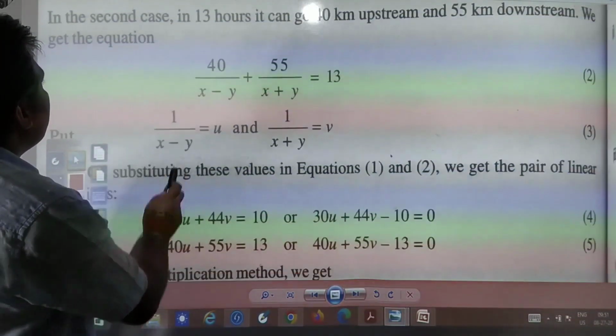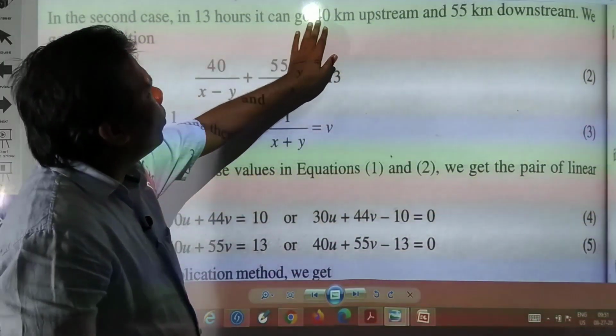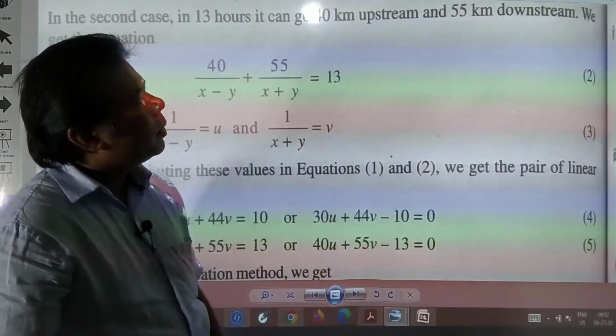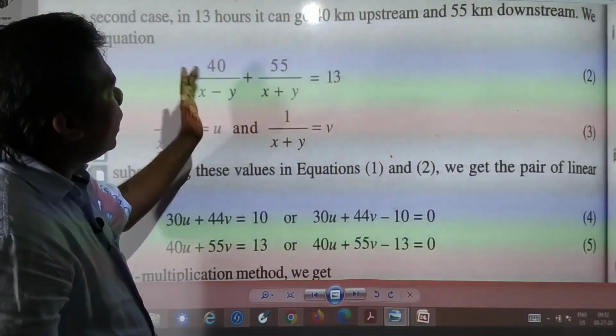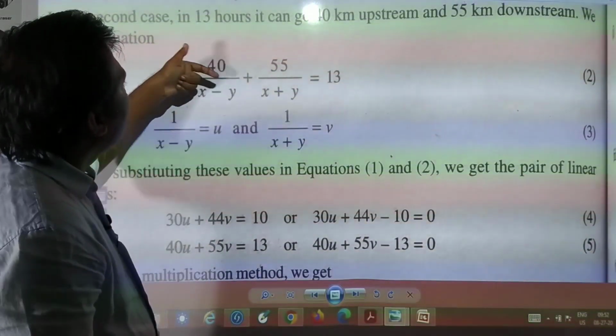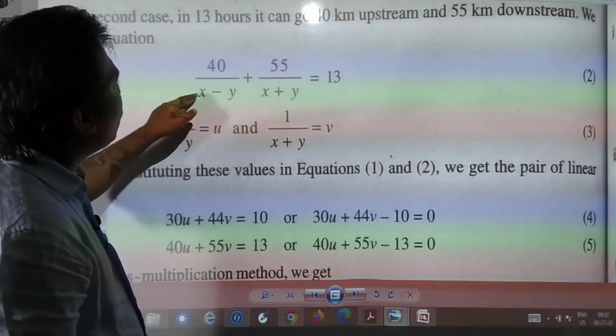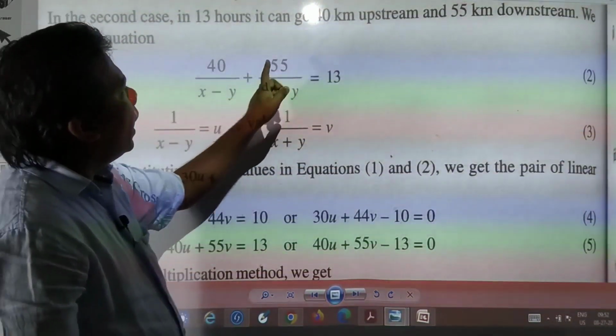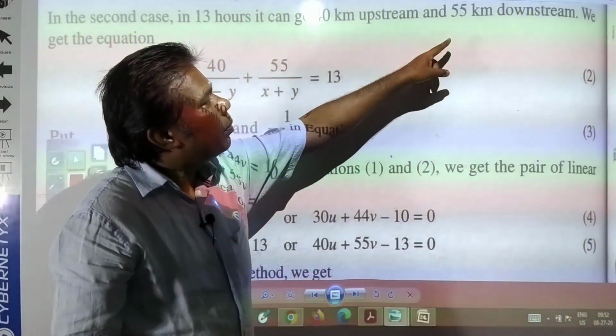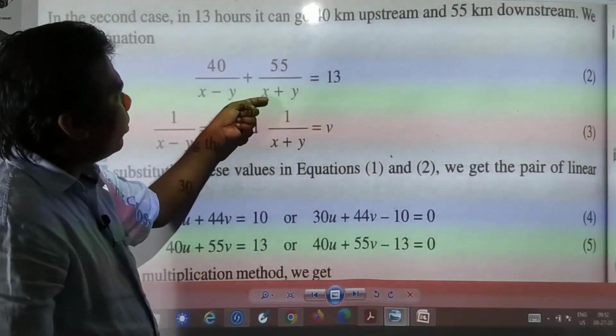In the second case, you see, in 13 hours it can go 40 km upstream and 55 km downstream. So upstream you have x minus y, downstream you have x plus y. So the time taken to go 40 km upstream will be 40 by x minus y, and the time taken to go 55 km downstream will be 55 by x plus y.